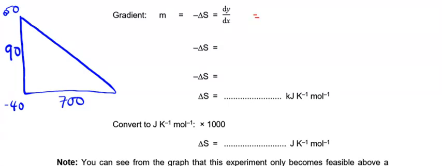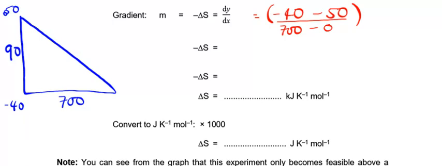But remember, when we look at the points, our difference in y values, I'm going from minus 40 to 50, and in x values from 700 to 0, which means I get minus 90 over 700.